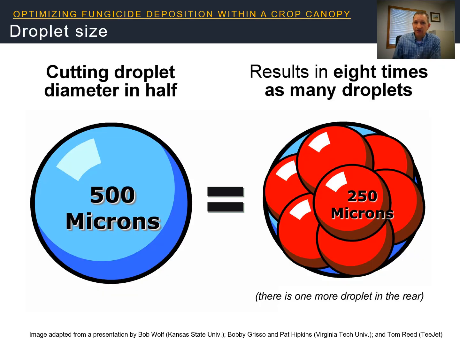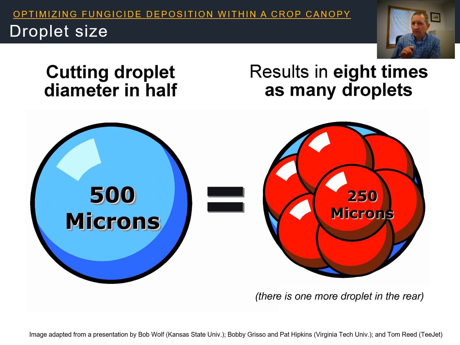I'd like to give a little bit of background before I proceed into explaining our methods and our results. When somebody refers to the size of a spray droplet, they're referring to the diameter of that droplet. If you cut that diameter in half, you actually end up with 8 times as many droplets, because then we're talking about volumes.